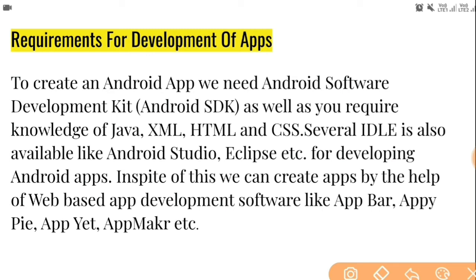To create an Android app, we need the Android Software Development Kit, which is called the Android SDK, as well as some knowledge of Java, XML, HTML and CSS. There are also several IDEs, the full form of IDE is Integrated Development Environment, like Android Studio and Eclipse, which are required for developing Android apps.